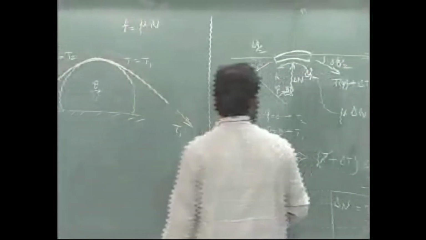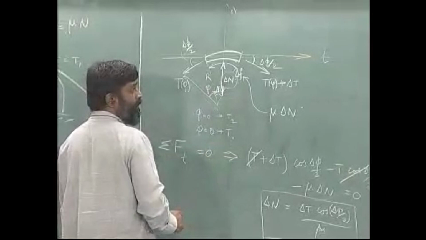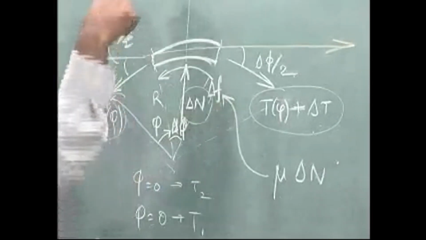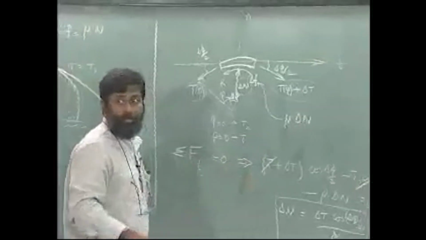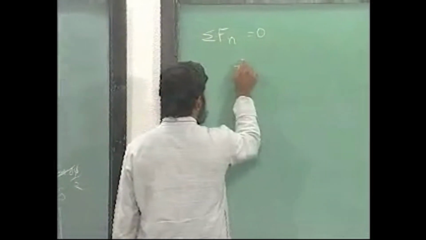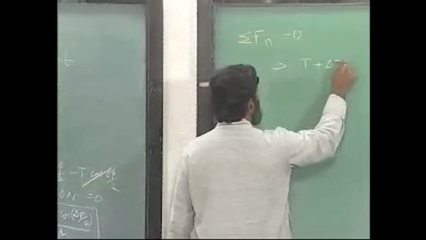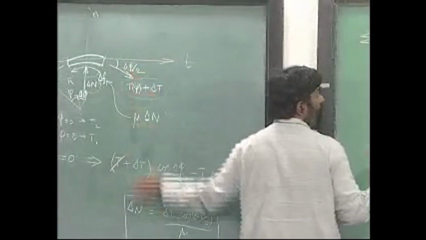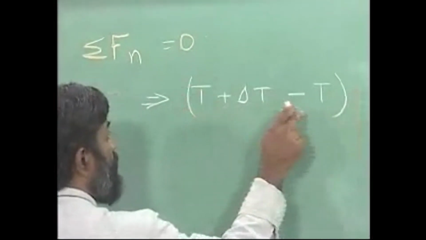For this, the components of these two tensions along the normal direction will play a role, right. This implies we have T plus delta T times sine delta phi by 2, minus T, is it minus or plus?